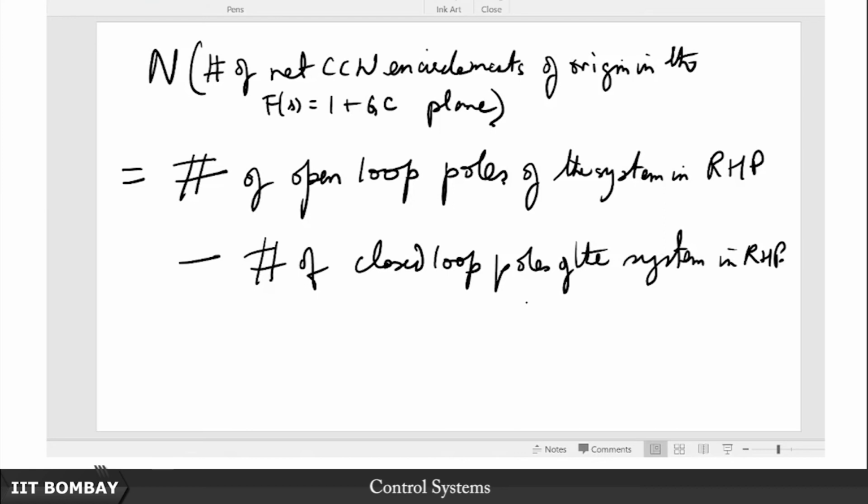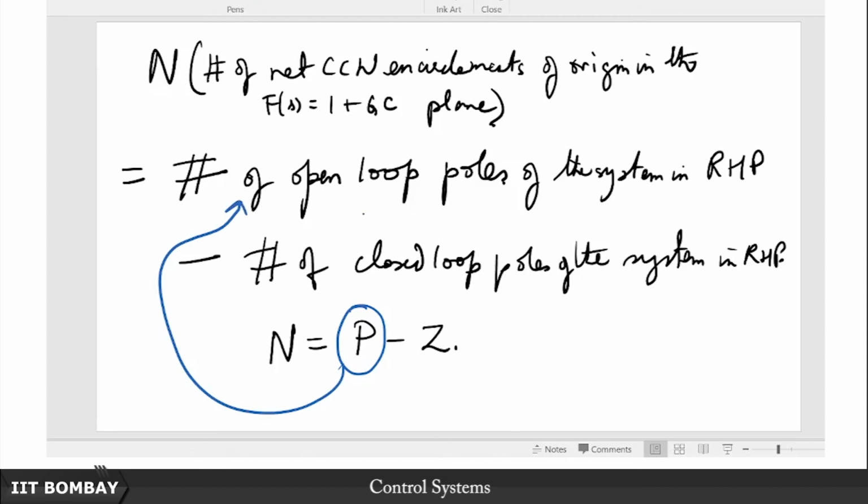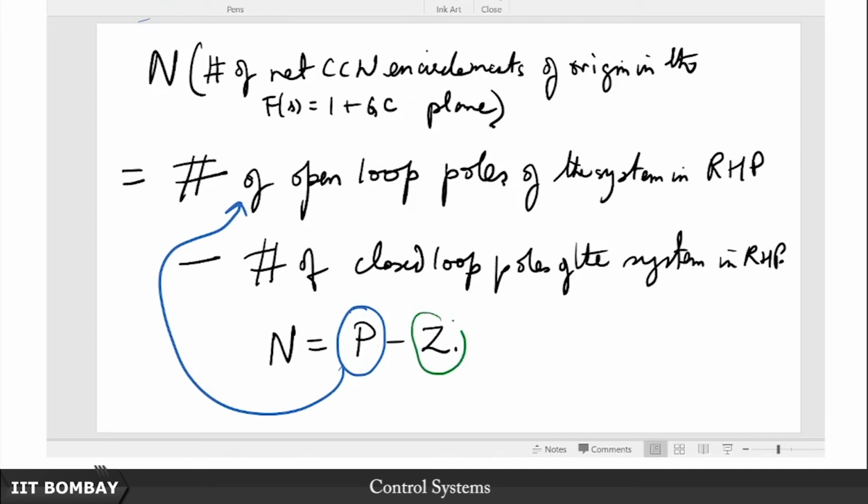So we have our result. In short, this is written as N is equal to P minus Z, where P is precisely the open loop poles, which are of course the poles of 1 plus GC, and Z is precisely the closed loop poles.